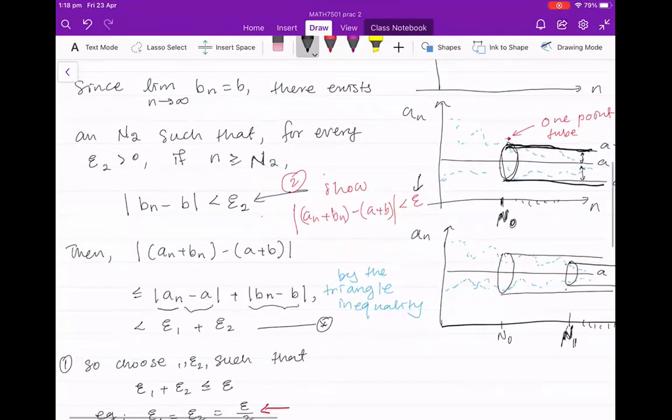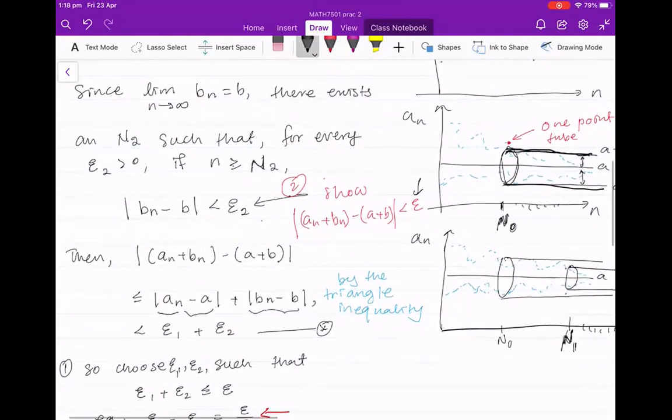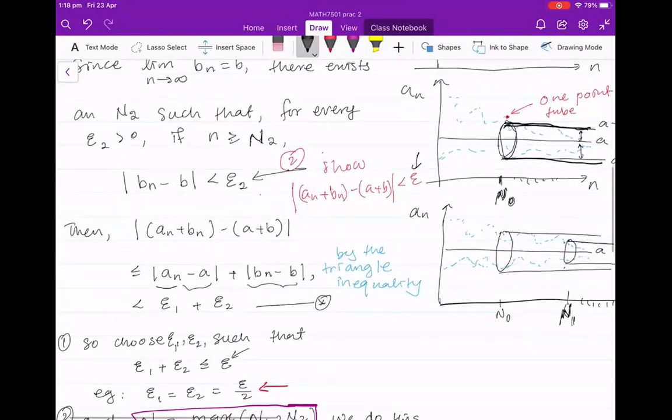Okay, one way to do this is you can choose epsilon 1 and epsilon 2 such that the sum is less than or equal to the epsilon that you've chosen. For example, epsilon 1 and epsilon 2 could be epsilon divided by 2.